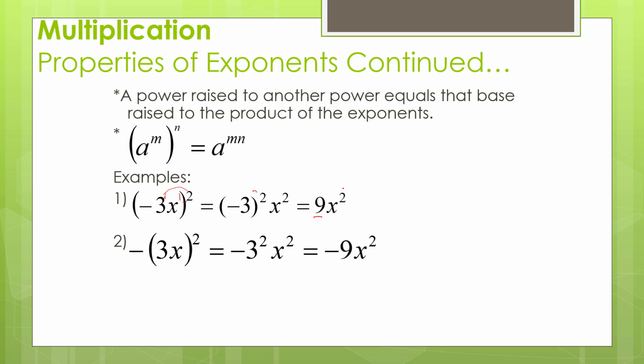All right, this problem's a little bit different. I mean, it appears identical, but it's a little bit different. Notice on this particular problem, the negative sign is outside the parentheses. Well, our order of operations dictates that we solve everything in the parentheses first, and then we deal with exponents.